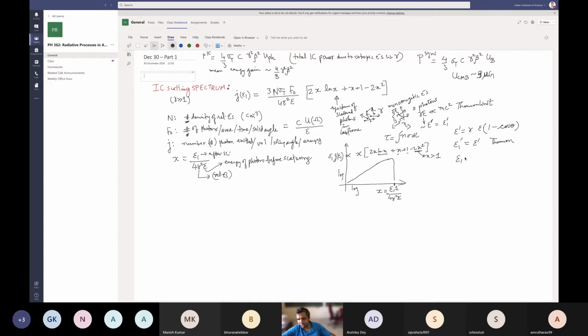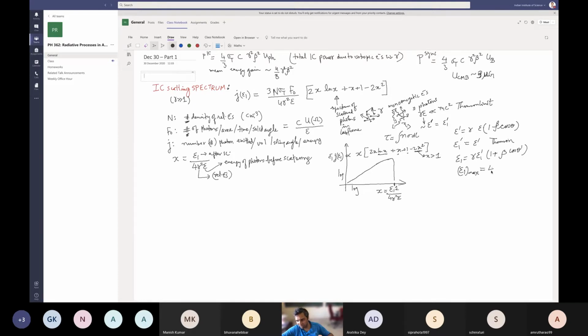And then epsilon 1 is equal to, again, gamma epsilon 1 prime times 1 plus beta cos theta prime. So I mentioned that epsilon 1 max, for the maximum possible energy of the scattered photon, is equal to, when this becomes 1 plus 1, which is 2 gamma epsilon, and this is again 1 plus 1, which is 2 gamma.